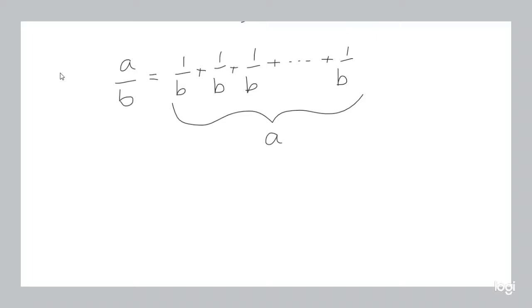But we've seen this notation before. Something added to itself, A times, it's just A times 1 over B. Right? We've seen that notation before. That's all that any division is. A divided by B is just A times 1 over B.